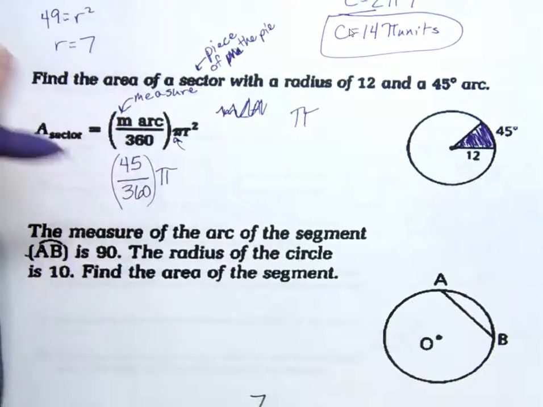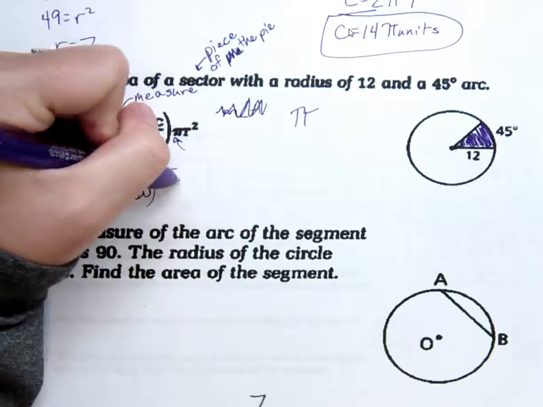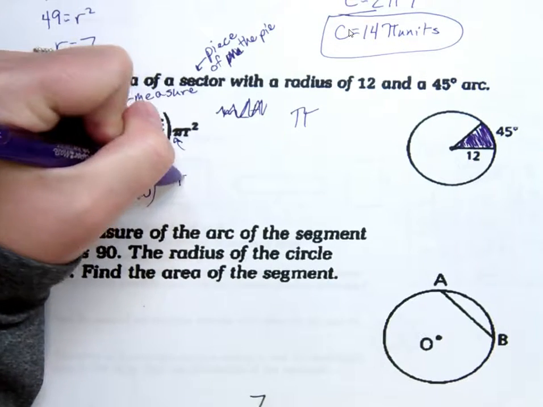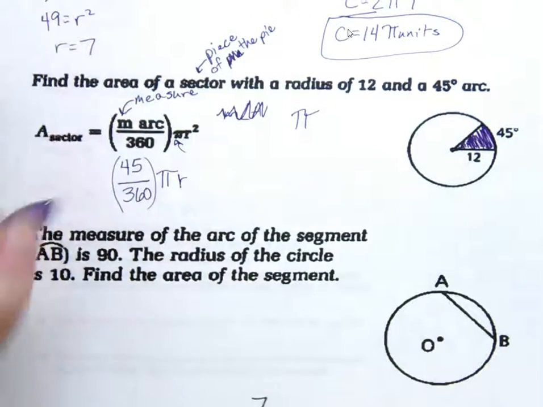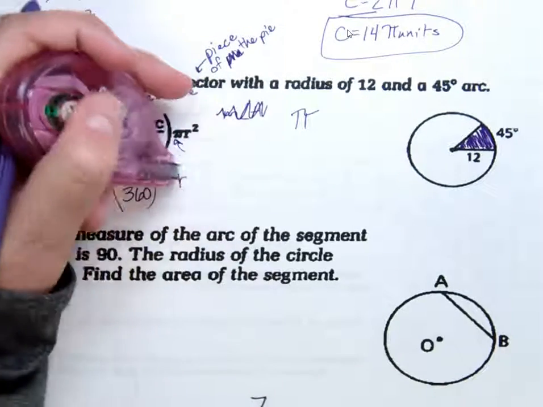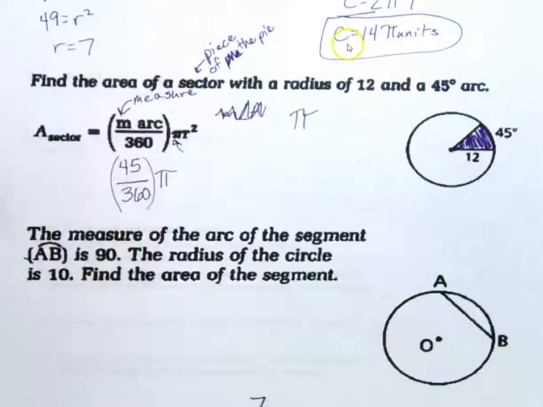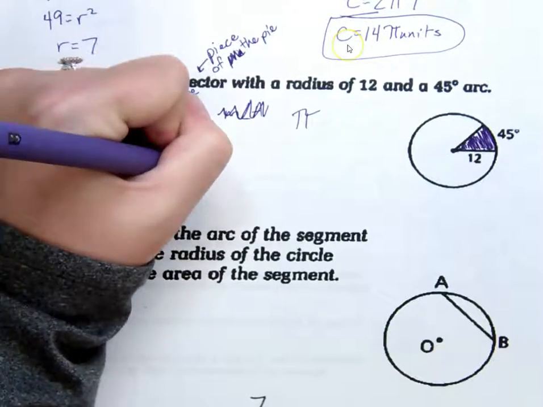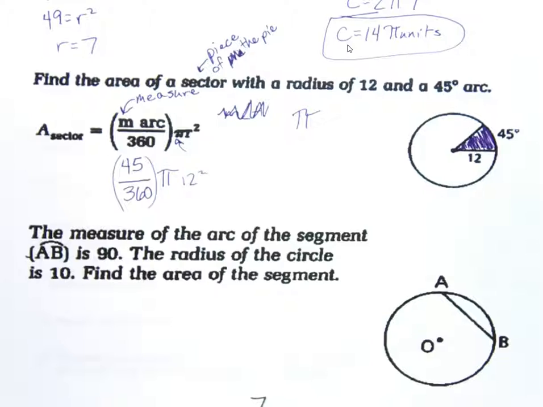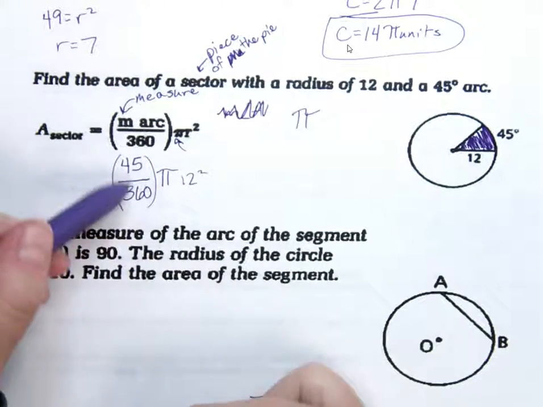So 45 over 360 times the radius squared. Oh gosh, don't write r, write 12. So 12 squared. All right, 45 divided by 360, if you simplify that, is 1 over 8.